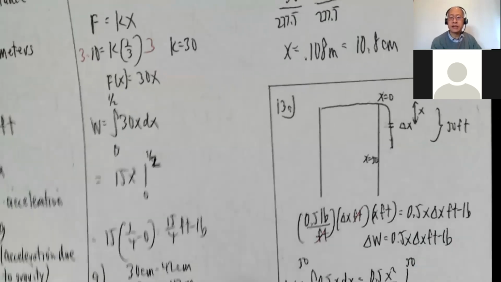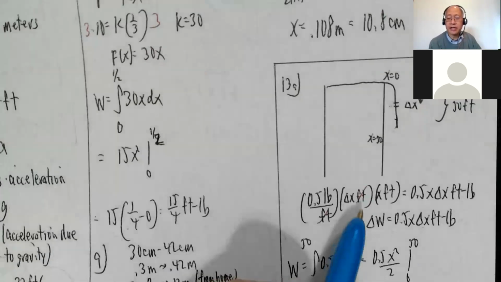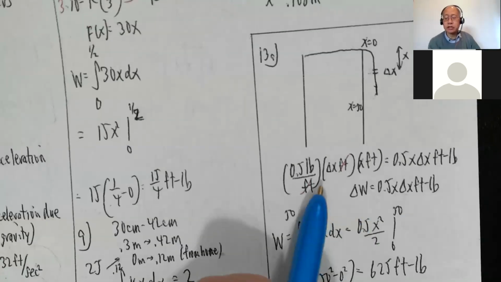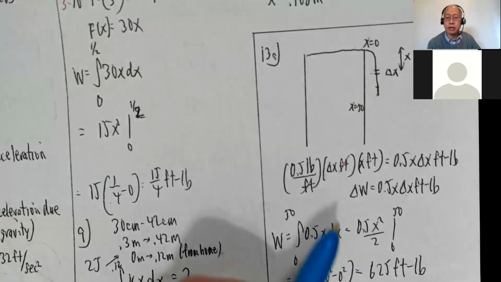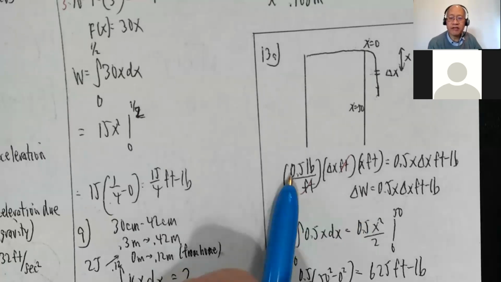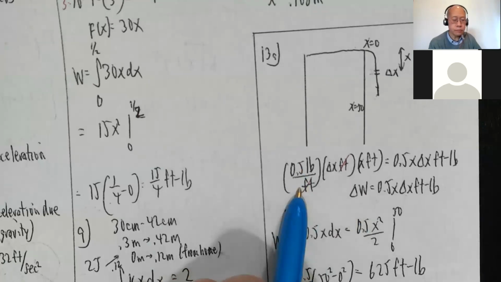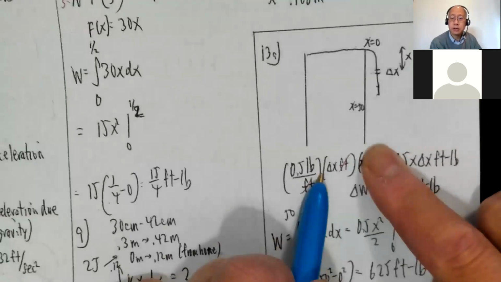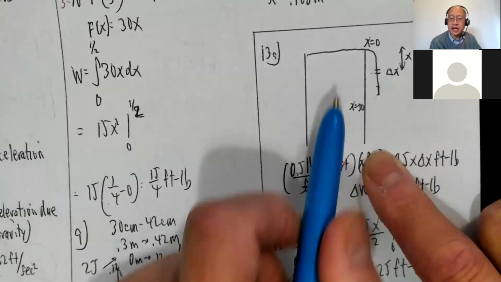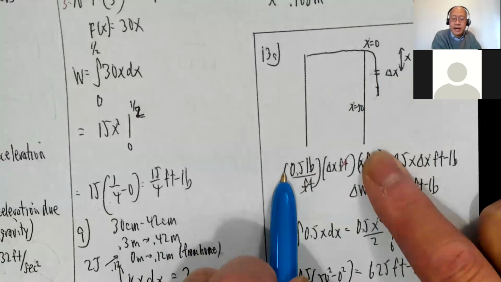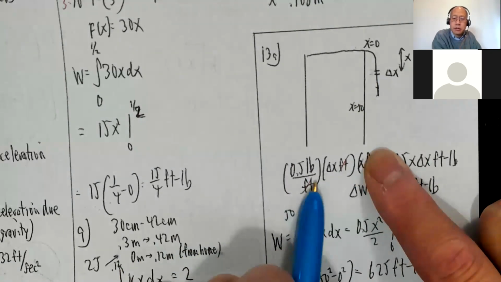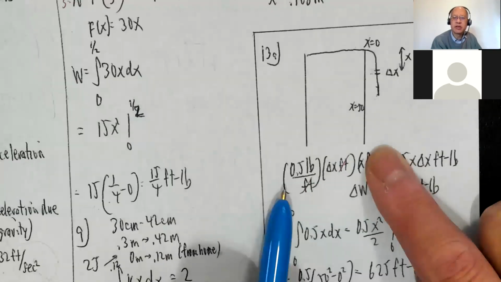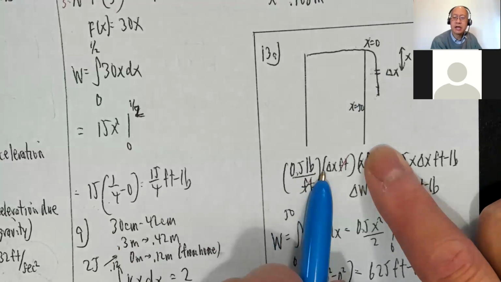All right, so how do I get the change in work? And this is where I analyze my units. You science people, physics people know about canceling units, getting units to line up the right way, so to speak. I'm told it's 0.5 pounds per foot. How much is this slice? Delta x feet. So how much does this slice weigh? 0.5 delta x. Feet cancels out. So this tiny slice has a weight of 0.5 delta x pounds.